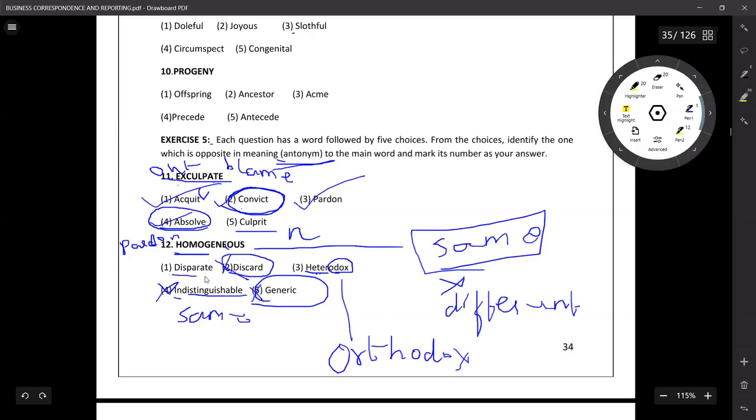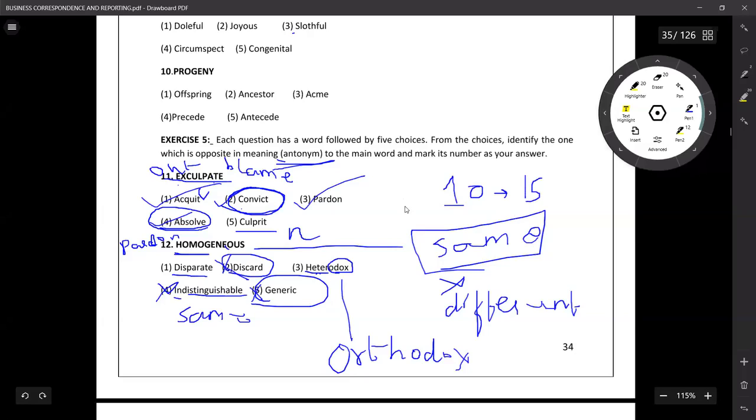Now see, guys, disparate. Let us say, all of you would have studied a little bit of profit and loss in your schools or colleges. Suppose I buy something for 10 rupees. I'm selling it for 15 rupees. I'm selling it at a premium or discount? I bought it for 10, I'm selling it at 15. I'm selling it at a premium.